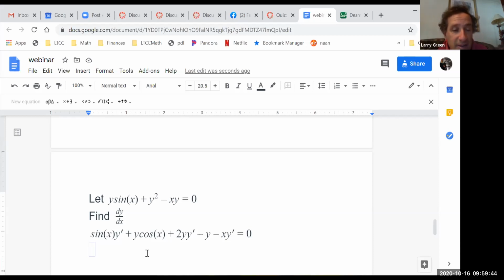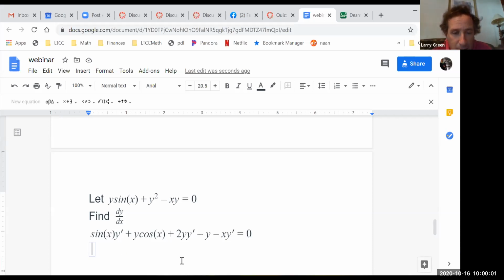So what I'm going to do is, remember, I'm going to think about everything that isn't y prime like a number. So I need to put the non-y prime stuff to the right and combine the like terms of y primes on the left.